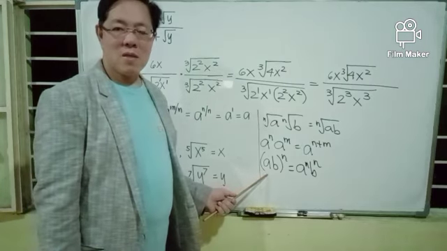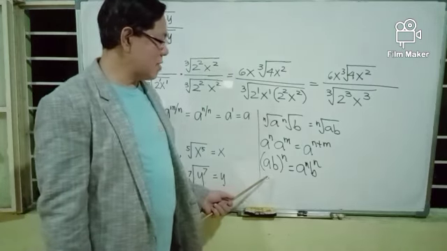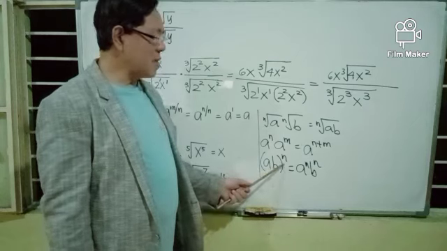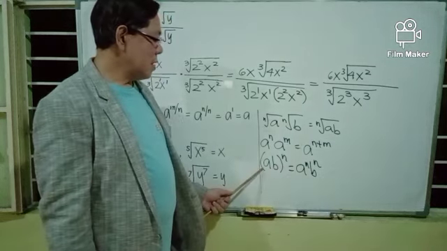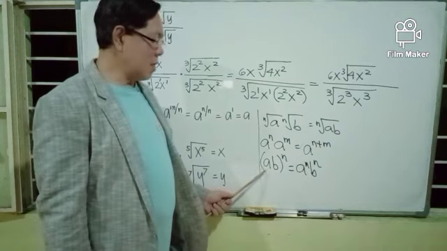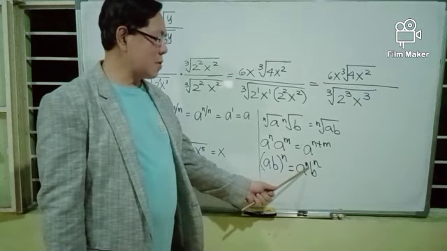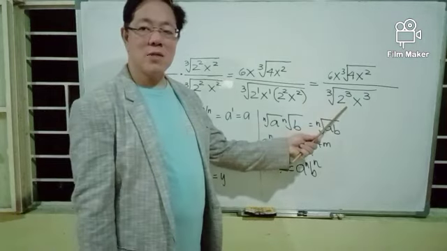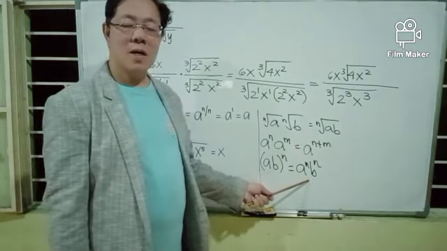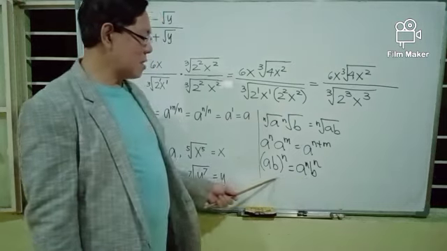This property of exponent says that the product AB raised to n is equal to A raised to n, B raised to n. Each of the factors in the product AB is raised to the same exponent n. But to simplify this radicand, we start from the right-hand side of this property.